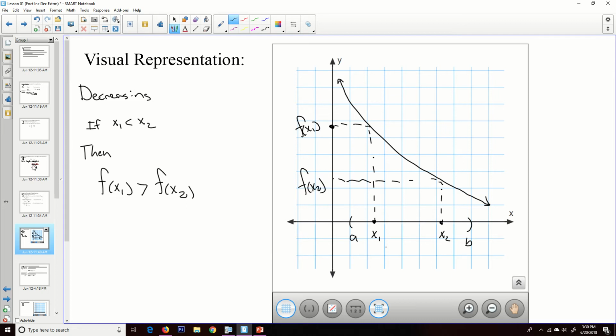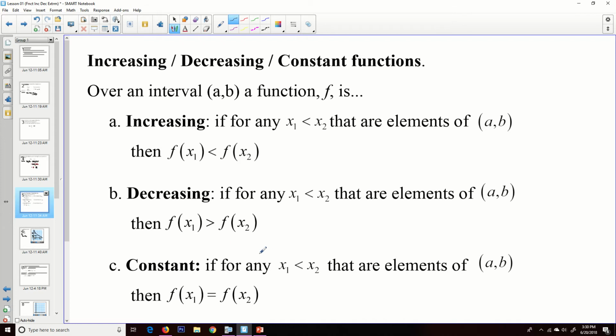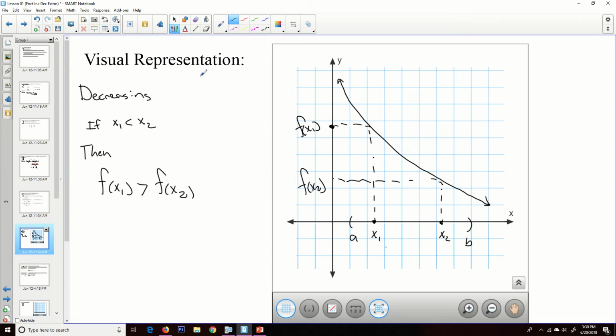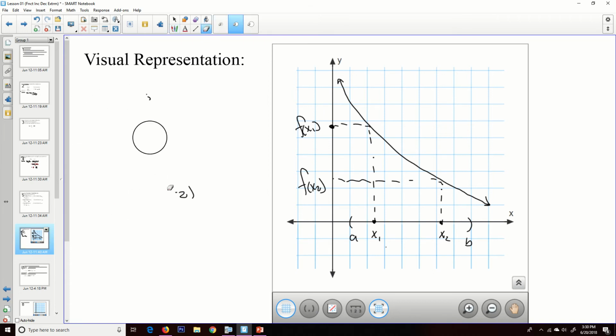Now finally, if we want to talk about constant functions, for constant functions it's fairly simple. Any x1, x2 that's an element of a to b, then f of x1 and f of x2 are equal. I can show that, but it's fairly straightforward. A constant function is going to be one in which you have a horizontal line.